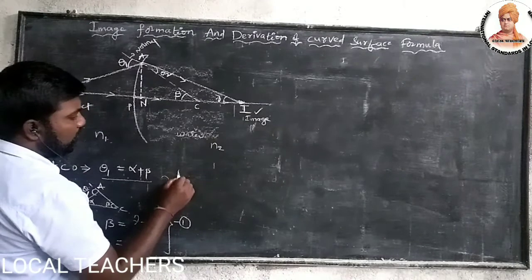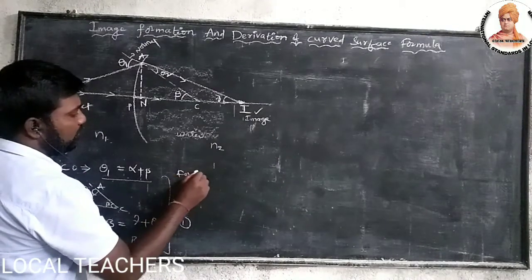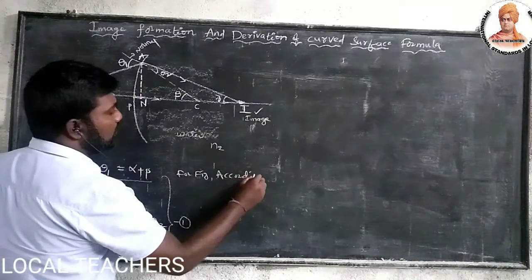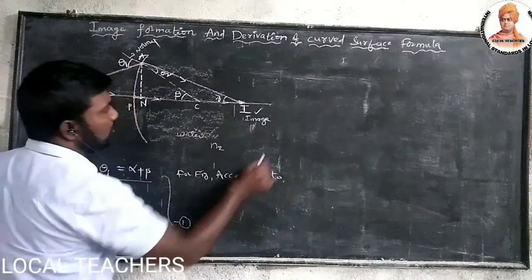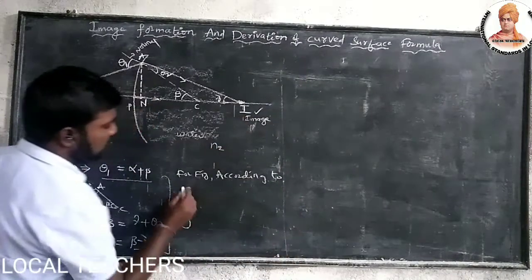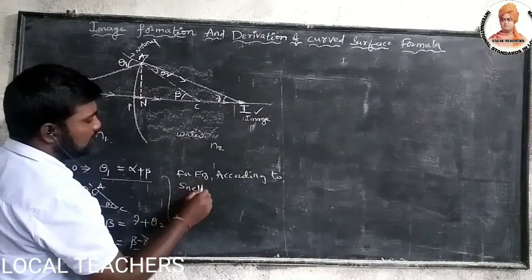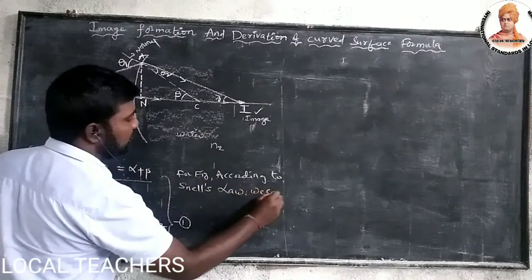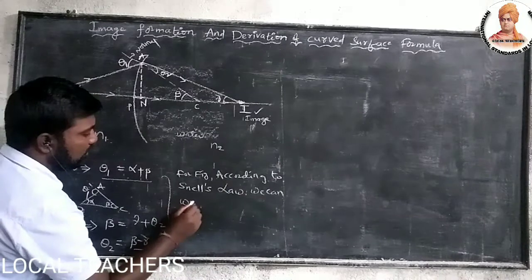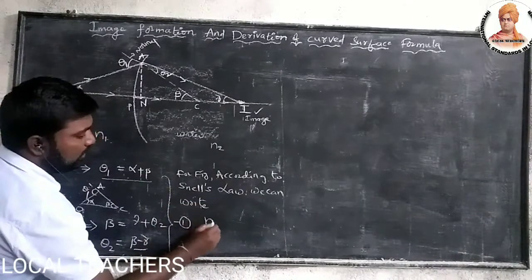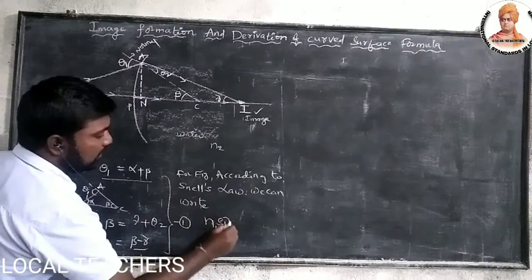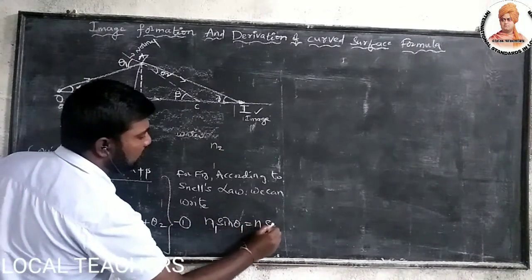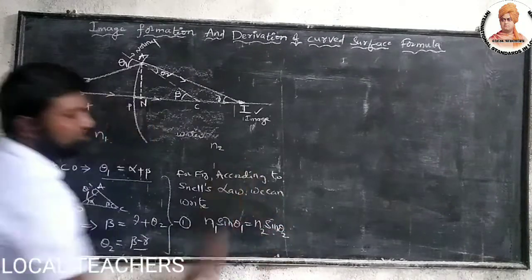According to Snell's law, we can write n1 sin theta 1 equals n2 sin theta 2.